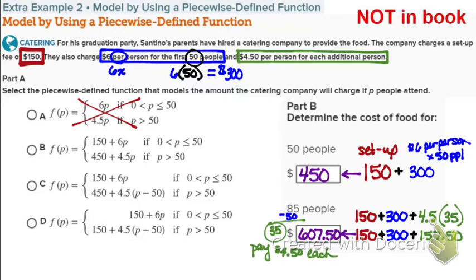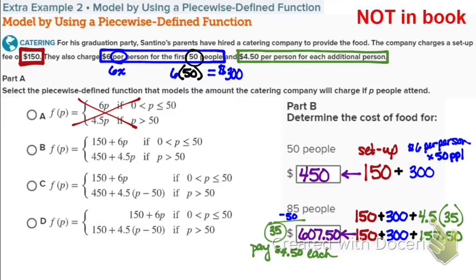Looking down through these, what in the world is up with this 450? That's not the setup, is it? I feel like we've seen that before already. Yeah, this is the setup plus the 50 people, because this is if we've got more than 50 people coming, right? So 450, that makes sense.